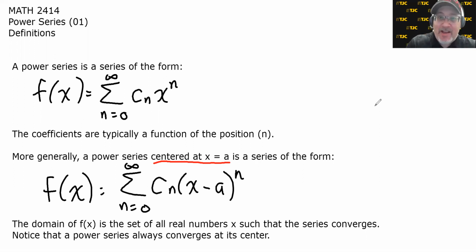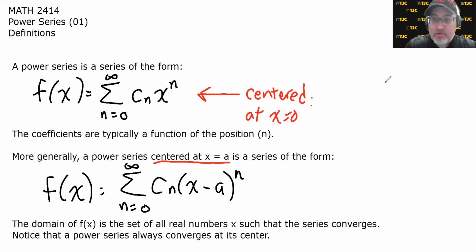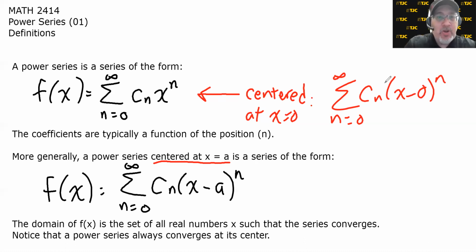And in that light, you can almost think of the first definition as a power series centered at x equals 0, because you can write the sum as the sum n equals 0 to infinity of whatever the coefficient is times x minus 0 to the nth power. So we're going to talk a little more generically about power series being centered at some real number a, and x minus a will be the part that's raised to the nth power inside of the sum.